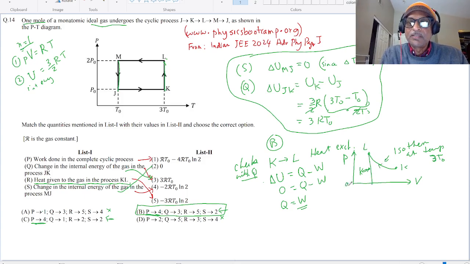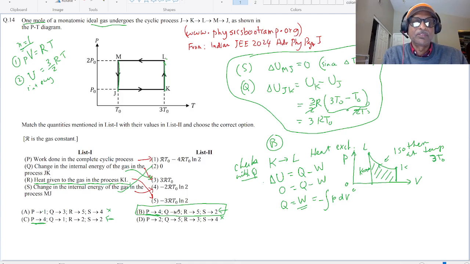So this is the origin. This is the area you want. That's the work. Work will be the area under this. So you can do the integral of minus P dV. Then you should find the work done here, and that will be one of these answers.